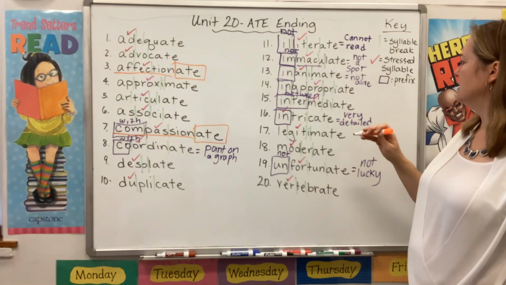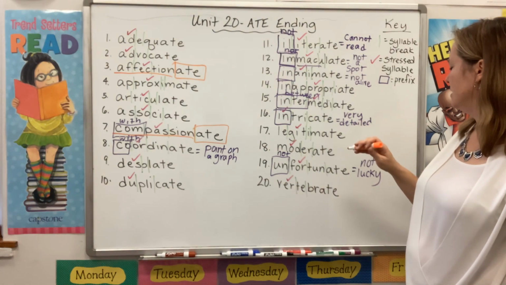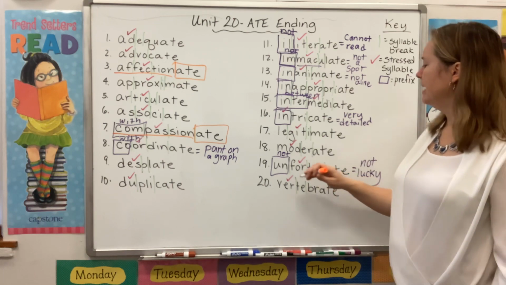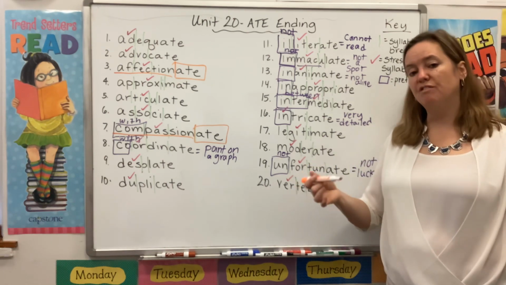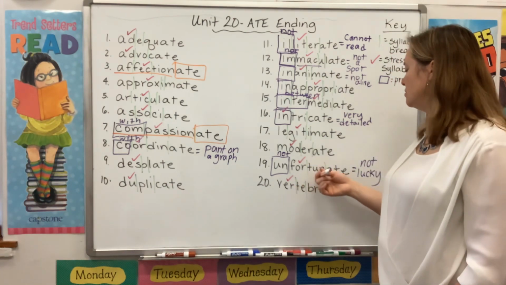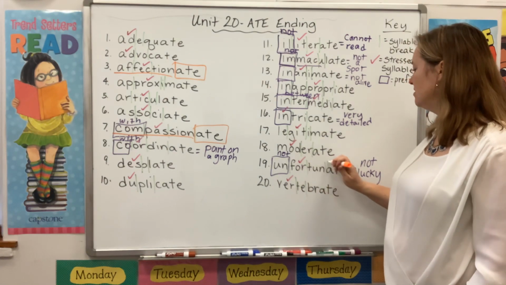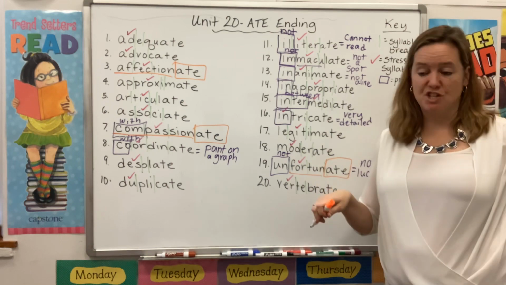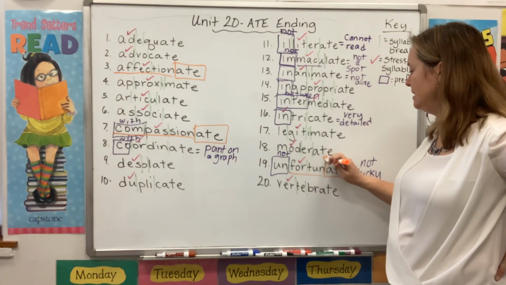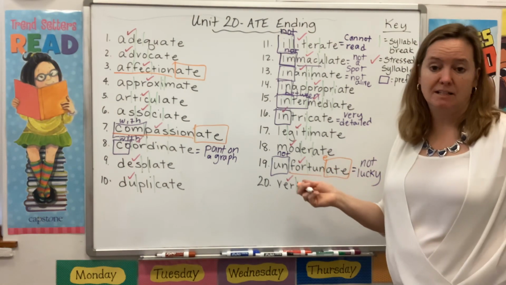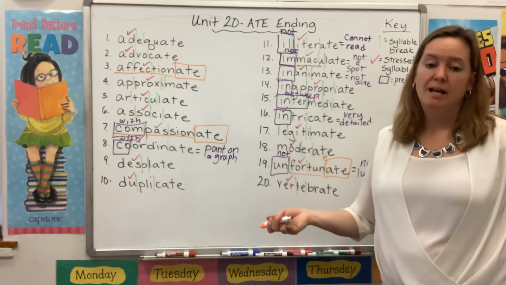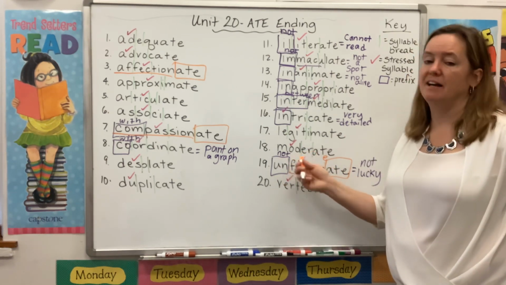I feel like there was another example here. I guess here, if someone has fortune, good fortune, they have luck. So if they have fortune, they're fortunate, right? Notice we drop that E before we add our vowel suffix. So you wouldn't say someone has unfortune, but you would say that someone's unfortunate.